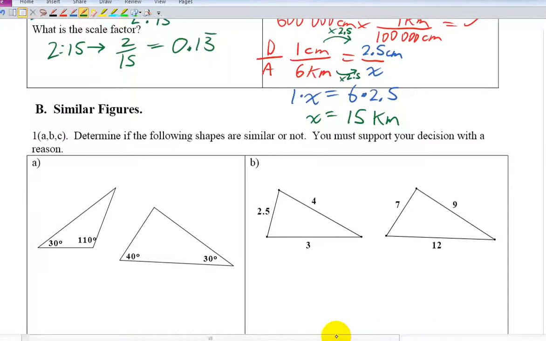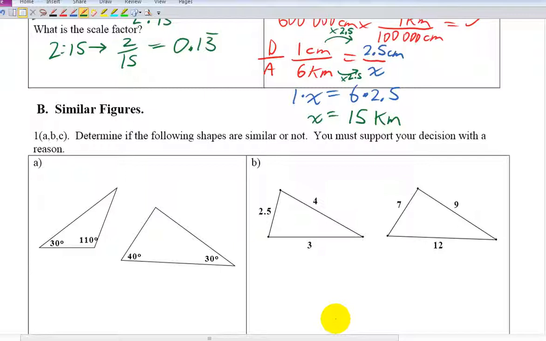Okay, so determine if the shapes are similar. You must support your decision with a reason. So what are the two reasons? Angles are the same. If you have a triangle and you have angles that are the same, then you have similar figures.